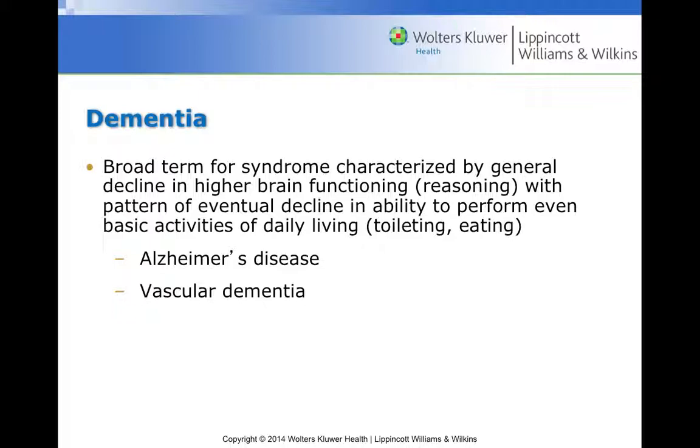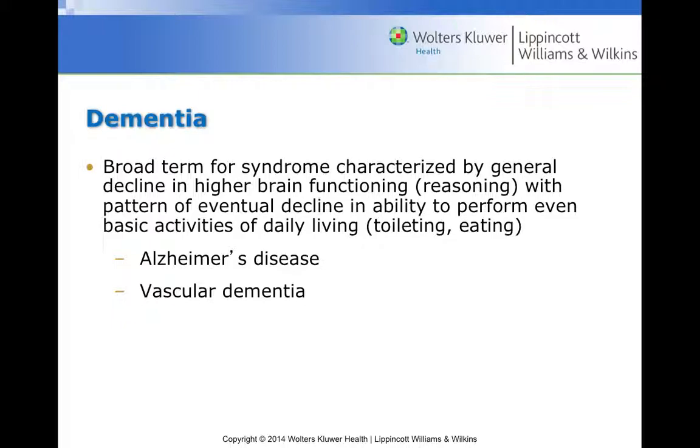AD can occur in people as young as 40 years of age, but it is uncommon before the age of 65. Note that AD is not a normal part of aging. So, a person getting Alzheimer's is not a normal part of them turning 65 or going into that elderly population. They may repeat the same stories because they forget that they have already told them.